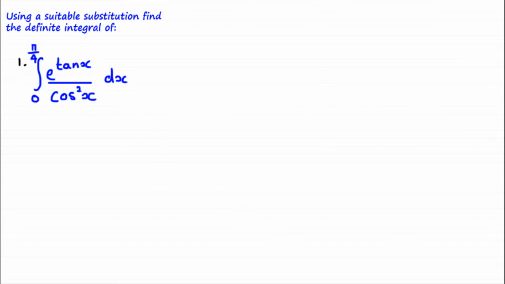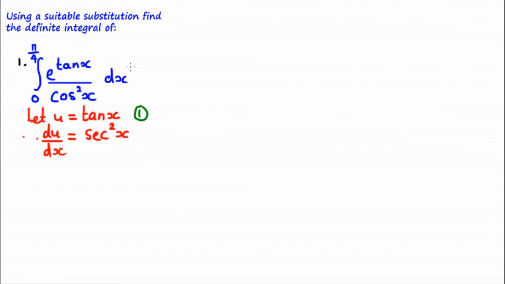Now as I said, I was a little bit harsh here because I didn't give you the formula, but the derivative of tan x is sec squared x. So choosing u equal to tan x as my substitution, if we take the derivative, we get sec squared x. Now, this is included in your formula booklet, so you won't need to worry about that.